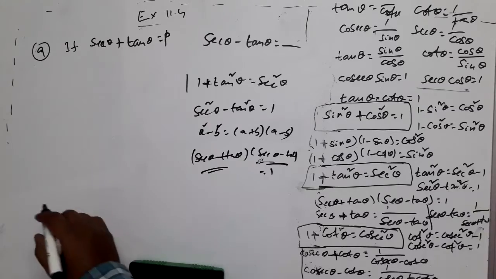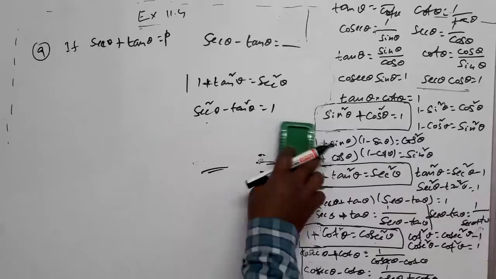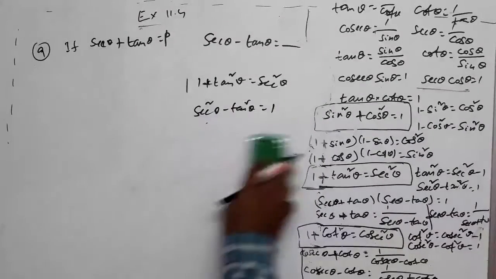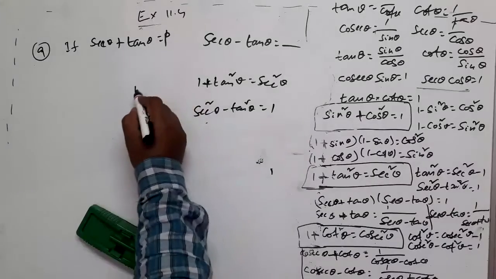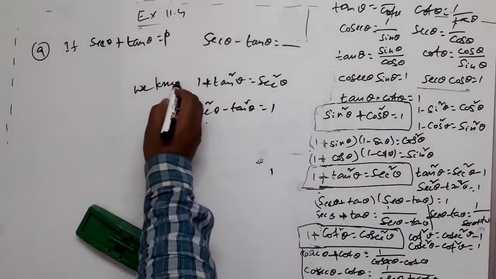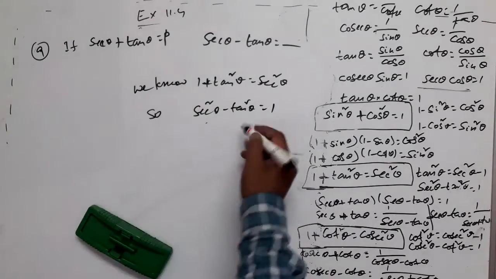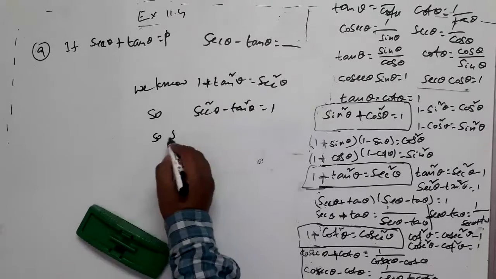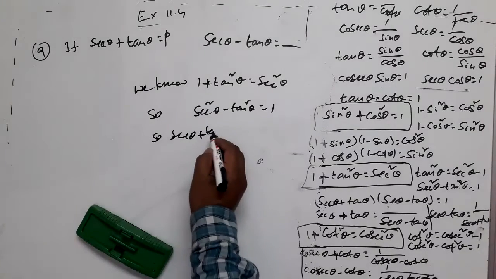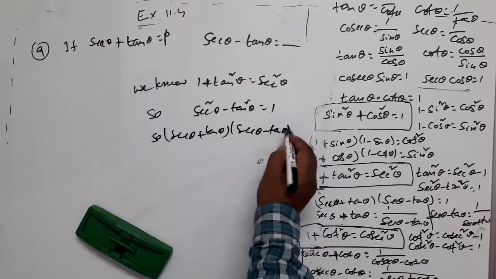How shall we proceed? We will write all these things. 1 plus tan square theta is secant square theta. We know this identity. So this is of the form a square minus b square, so secant theta plus tan theta multiplied by secant theta minus tan theta is equal to 1.